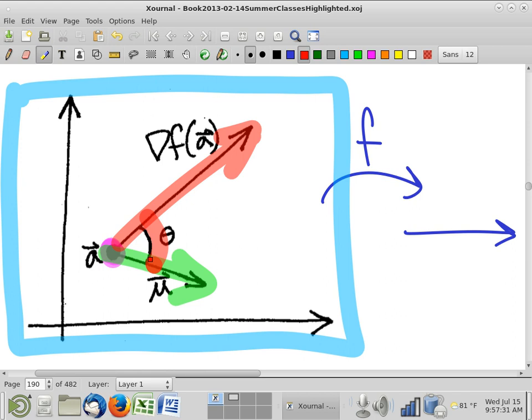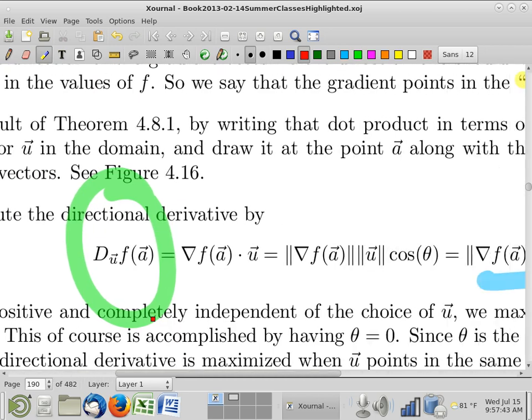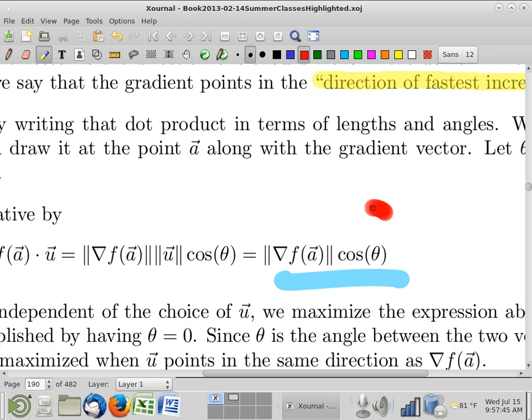So if we want to maximize that expression, all we need to do is to figure out how to maximize the cosine of that angle. Right? That's really the only part of this calculation. Cosine of the angle is the only thing that isn't constant. So how do you maximize cosine theta? And think back to high school trig class. What value of theta makes cosine as big as possible? 0.